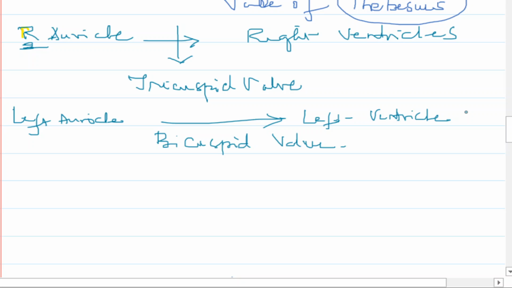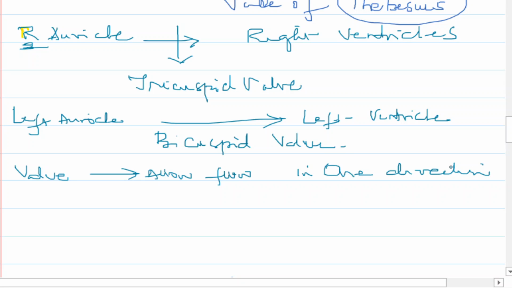Now what are these? Sorry, excuse me. What's the function of a valve? A valve's function is to allow the flow in only one direction, that is from the auricles to the ventricles.